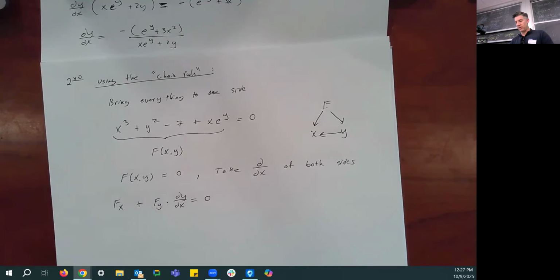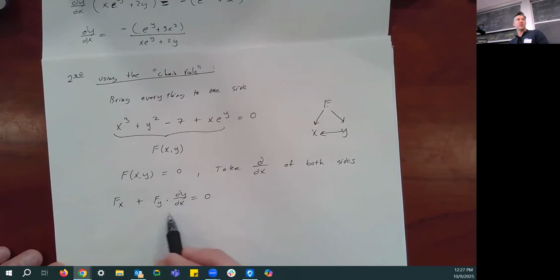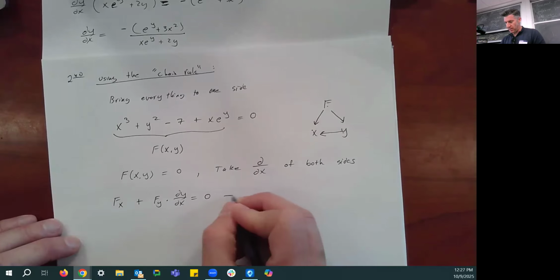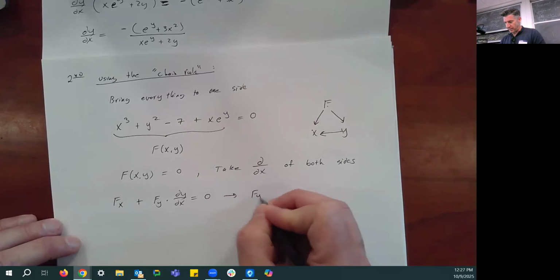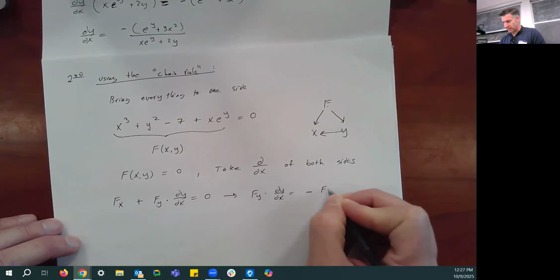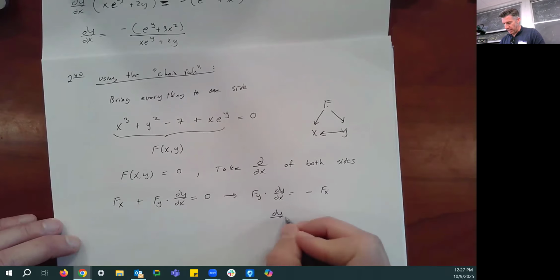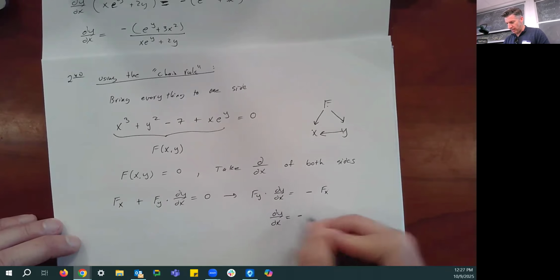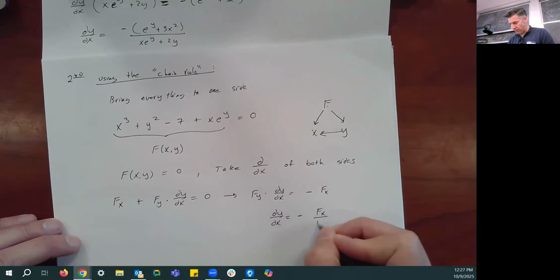Now solving for dy/dx is super easy, because that's what the question was asking us to do. So fy times dy/dx is equal to negative fx, and then dy/dx is equal to negative fx divided by fy.